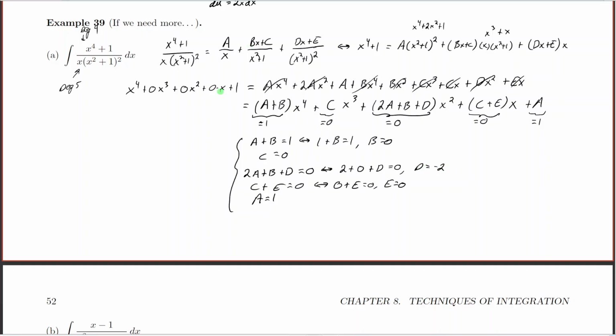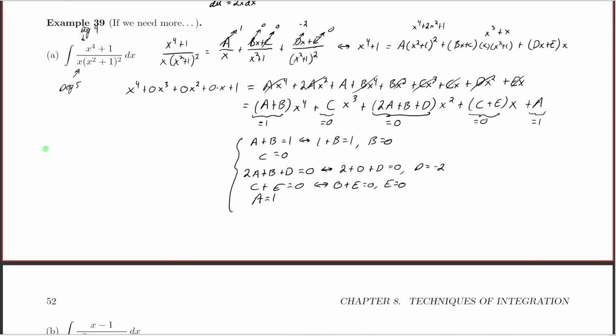So then we can come back and start putting these values in. a is 1, b is 0, so that's going to drop out. c is 0, so this term is going to go away completely. d is negative 2, and e is equal to 0. That one's right here.